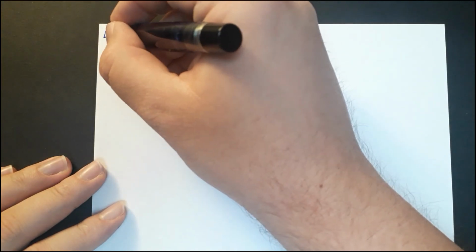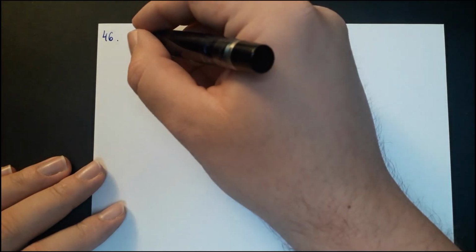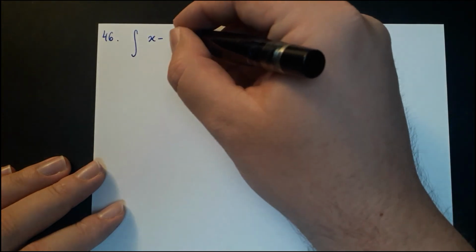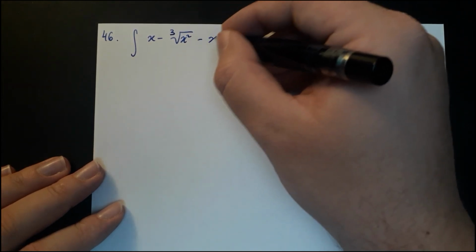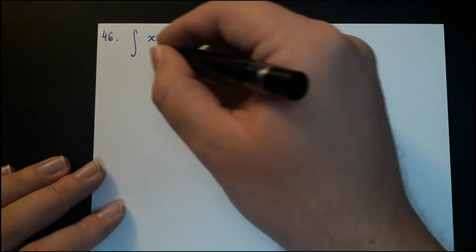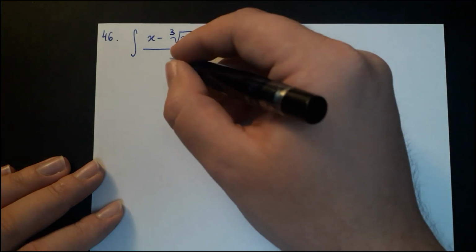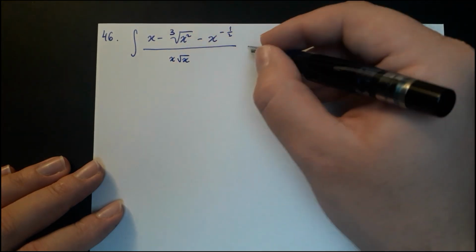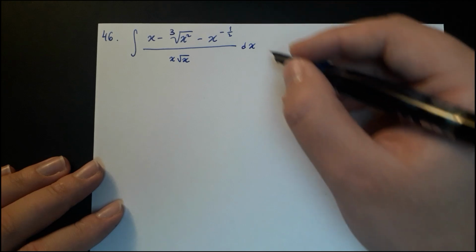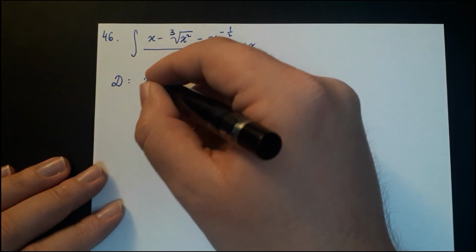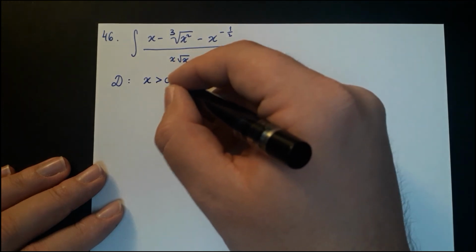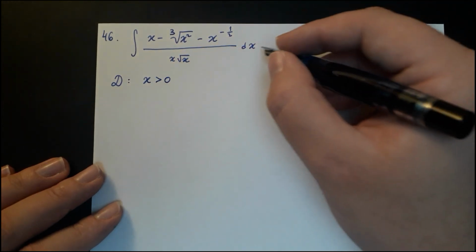Problem number 46 on our list is an integral of x minus a cubic root of x squared minus x to the power negative 1/2 divided by x times a square root of x dx. Now, the area in which this integral is defined is for all numbers x which are larger than 0.